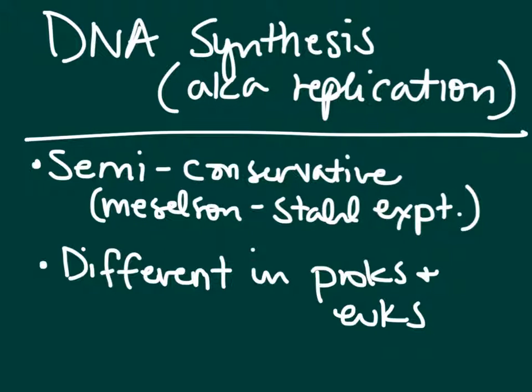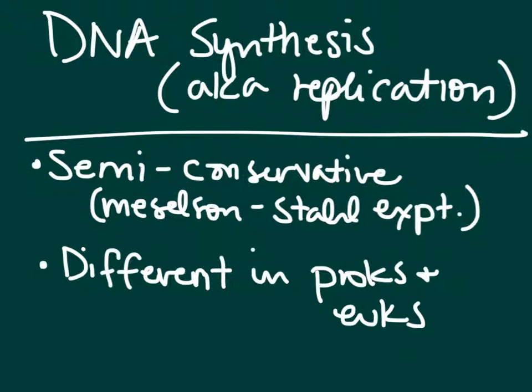The process we now know as DNA synthesis or DNA replication is semi-conservative. What does semi mean? Partially. And if you are trying to conserve water or conserve resources, what are you trying to do? Save them, right? You're trying not to waste them. So half saved.